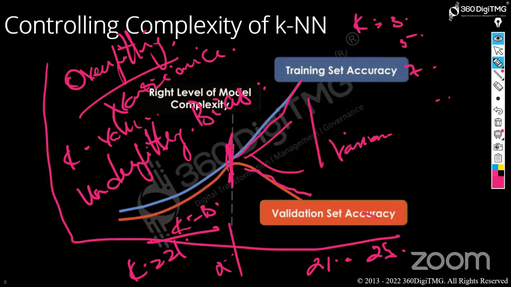You have to keep this in mind, friends. Until then, you keep increasing the k value. Ideally, what people do is they use a k value of square root of n by 2.